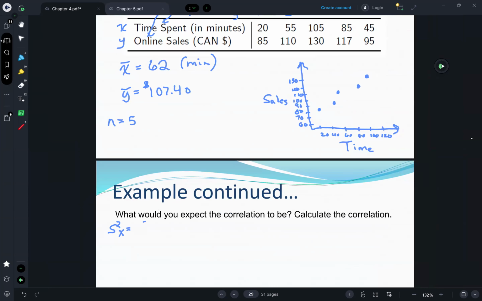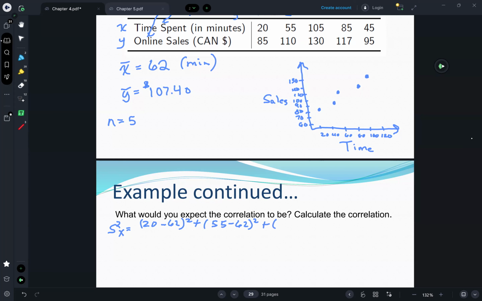We want to take the value, so the first time spent is 20 minutes, and we subtract the average, and we square it. We do that for the next one, that would be 55. Subtract the average, which is 62 minutes, and square. Don't forget to square these.